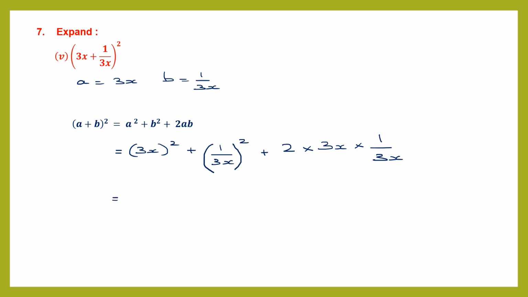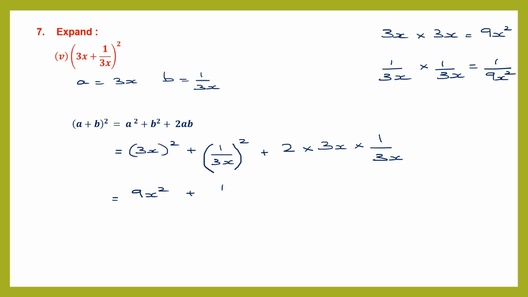So first is (3x) the whole square. That means 3x into 3x. 3 3s are 9. x into x is x square. So this is 9x square plus (1 by 3x) the whole square means we multiply this twice. In the numerator 1 into 1 is 1. In the denominator 3 3s are 9. x into x is x square.